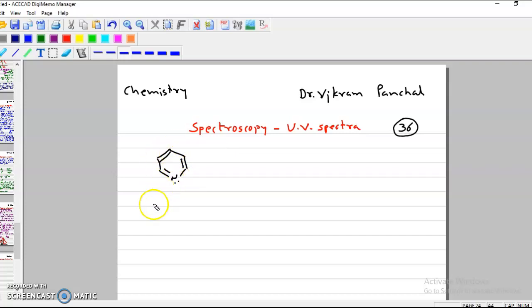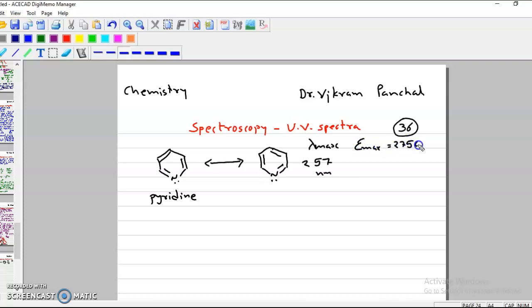For example, in pyridine, you will find resonance structures like this. And remember, in this case, lone pair of nitrogen is not involved at all. So these are two resonance structures in pyridine. Lambda maxima is 257 nanometer and epsilon maxima is about 2750.